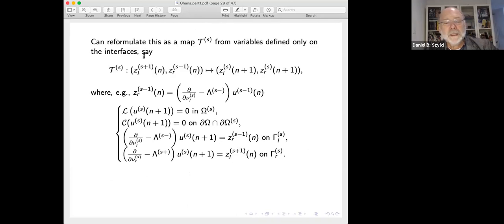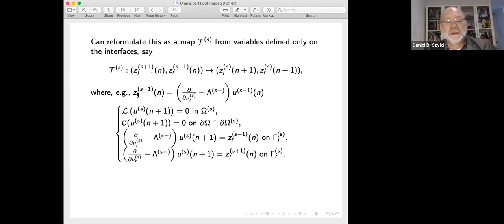Now, we can rethink this problem as a map from boundary values to boundary values. I say, okay, I take my boundary values from the left and right, I solve my local problem, and then I produce boundary values for my left and right for the next iteration.